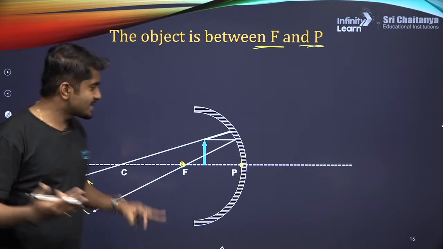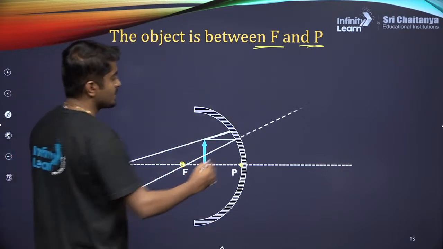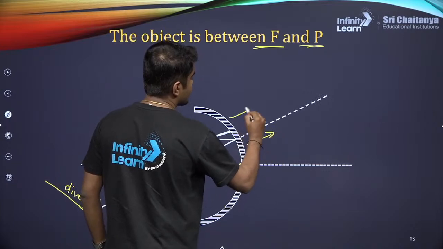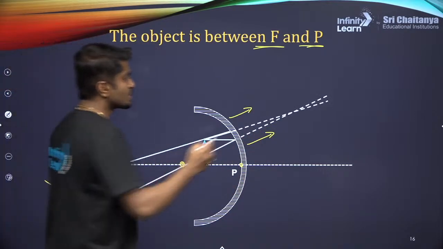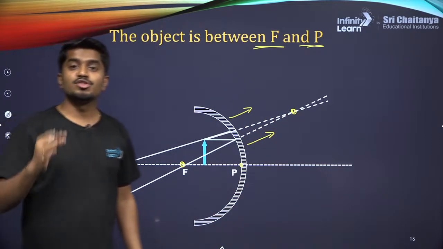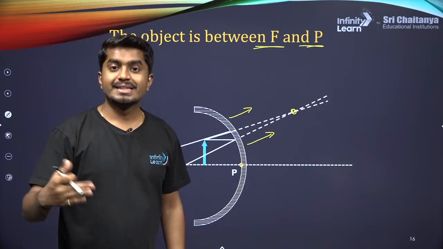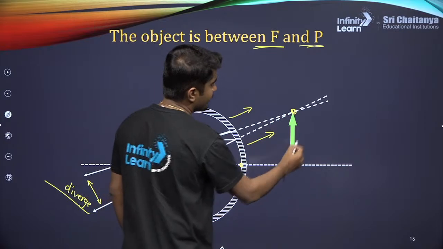So what we do is, we retrace them backwards. You see, there is a backward retracement. And when you retrace backwards, there is a point where they appear to meet. They are not physically meeting, they appear to meet. So that will give you the image.